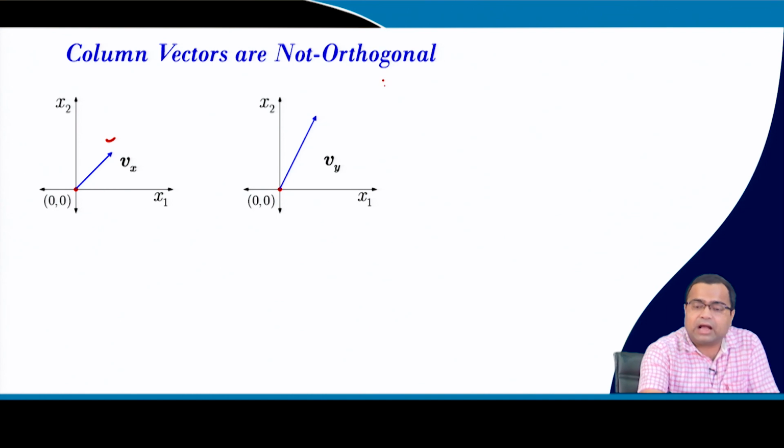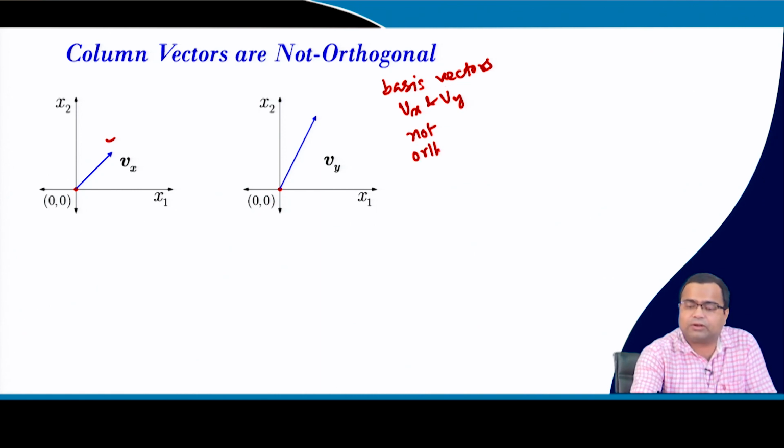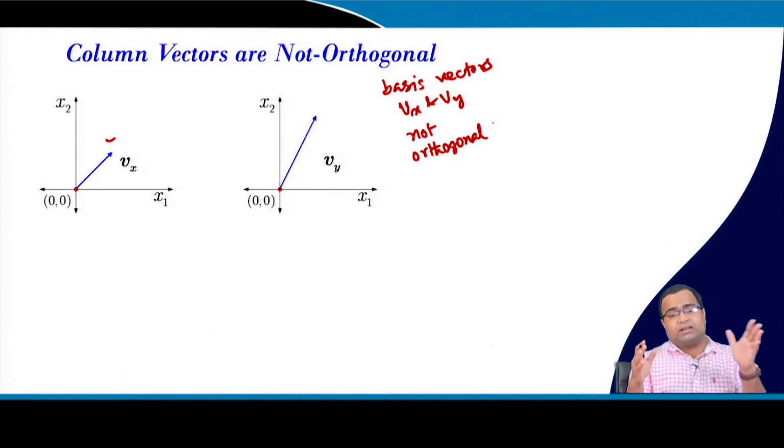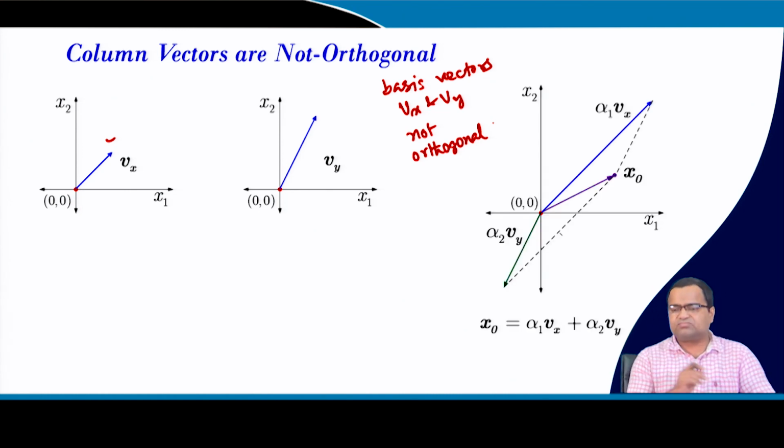Vx and Vy are the basis vectors, and they are not orthogonal, right, because the angle between them is not 90 degrees. The angle is less than 90 degrees but greater than 0.